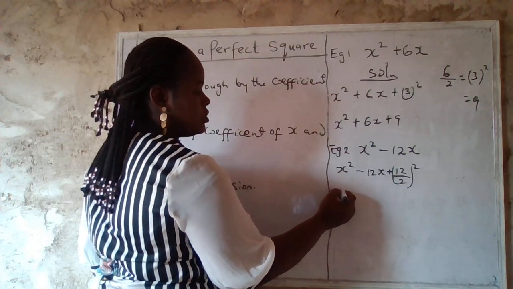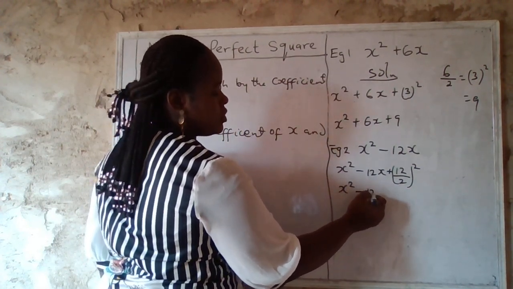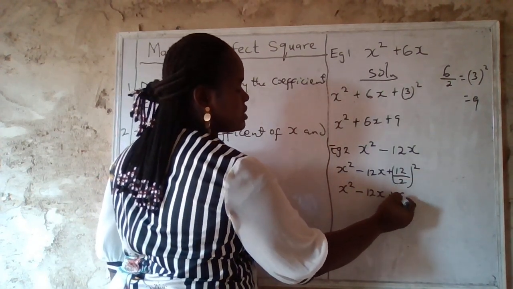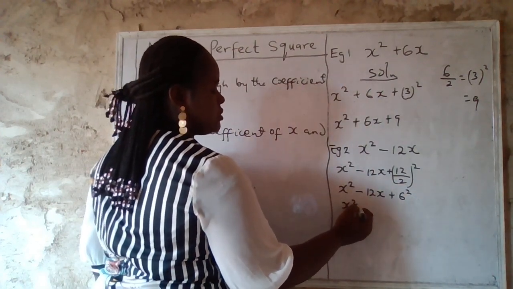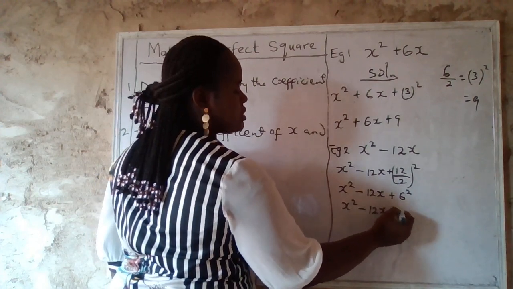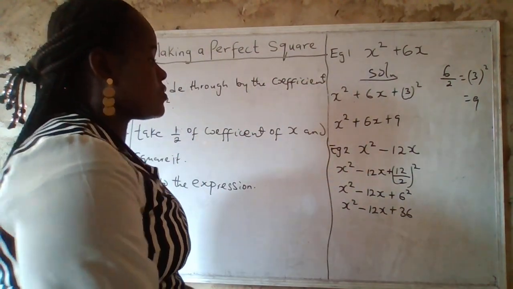So we have x squared minus 12x. Half of this will give us 6, and square. So we have x squared minus 12x plus 36. Now this has become a perfect square.